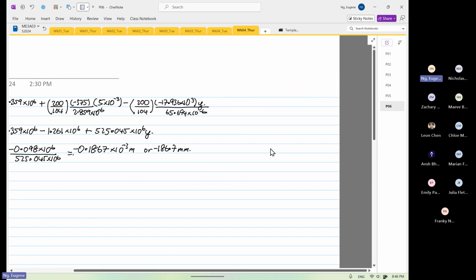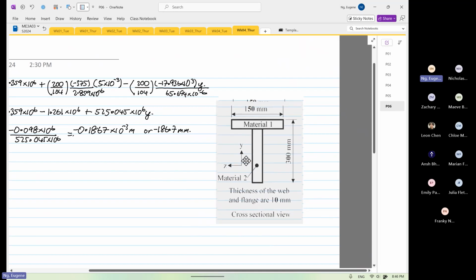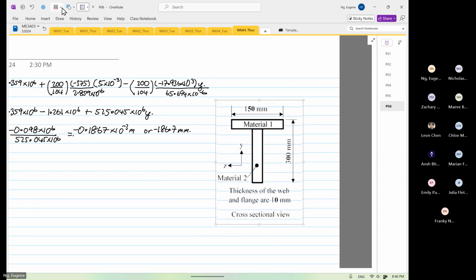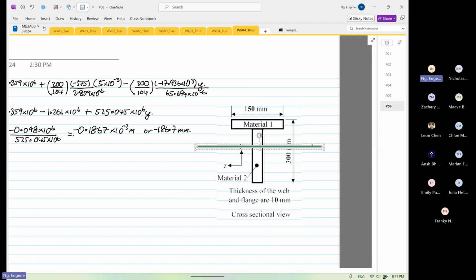So if you look at this figure again, right? This is just a sketch. Okay, I'm going to sketch this out. All right. So we know that this is our y-axis. The vertical axis is our y.